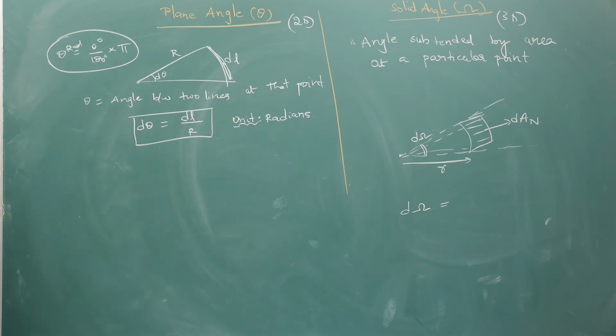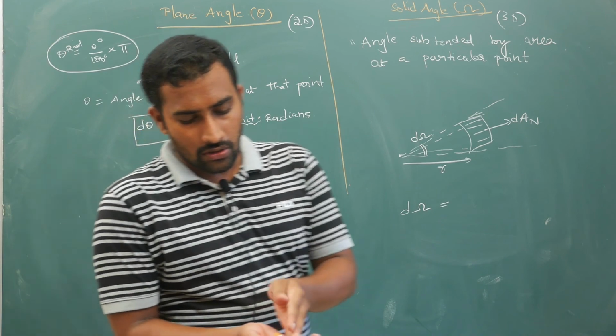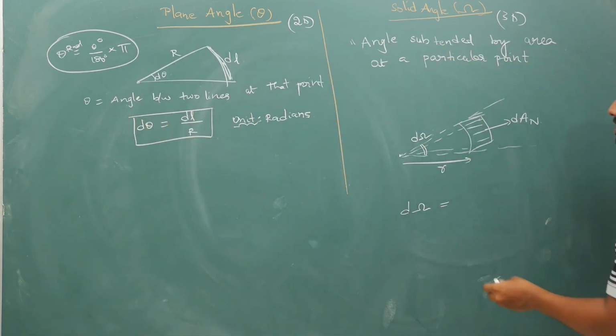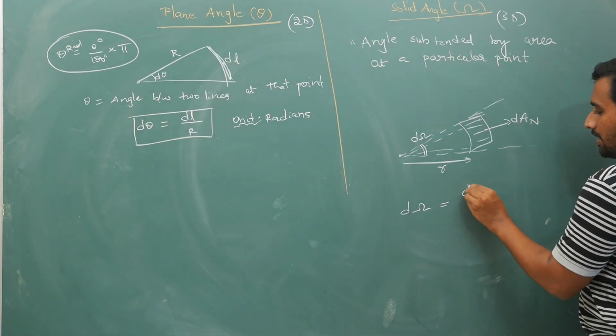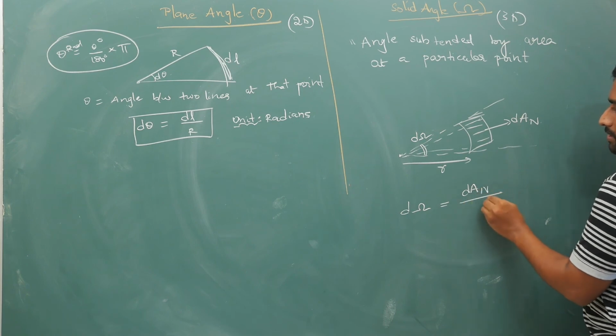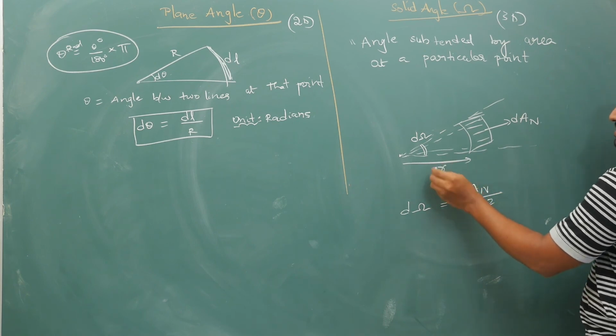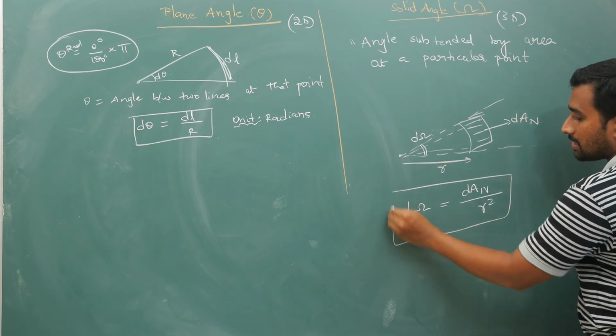Right. So now your solid angle d psi is equal to the area dA by r square. If the distance is r, you have to keep it as r square.